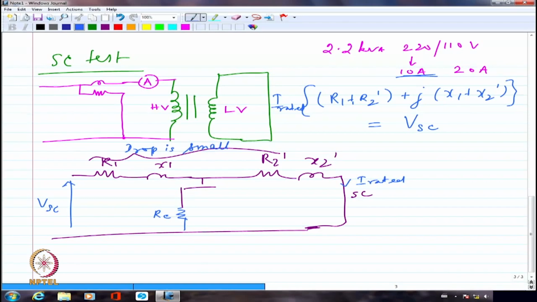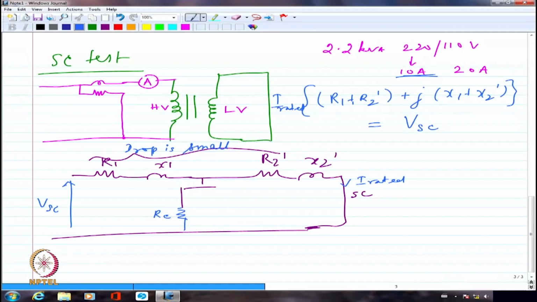If I am decreasing the eddy current losses and hysteresis losses quite a bit, that means IC is going to be really, really small. Right? If IC is small, RC has to be quite a lot. IC square RC. Please note that IC has more influence on the losses than RC itself, because RC power 1 whereas IC power 2.